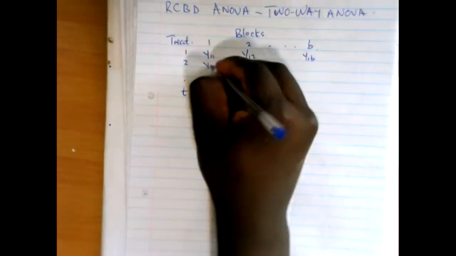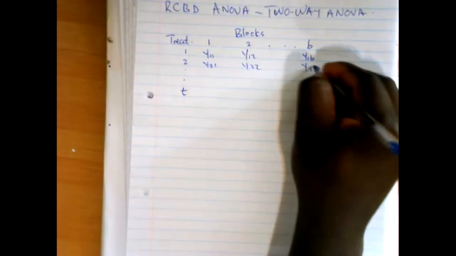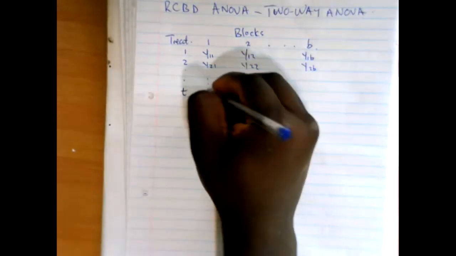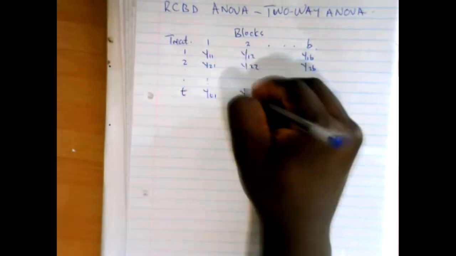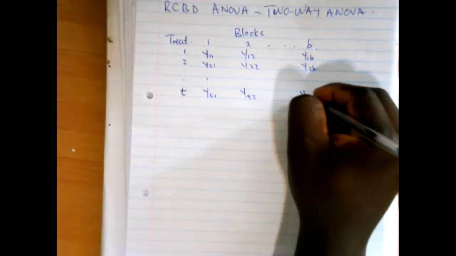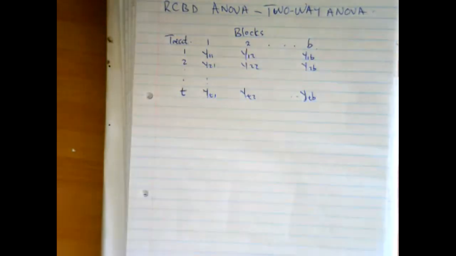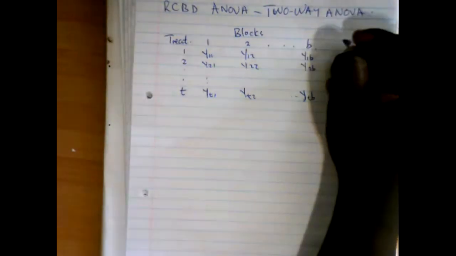We have Y21, Y22 up to Y2B. Then we've got YT1, YT2, and so on up to YTB.